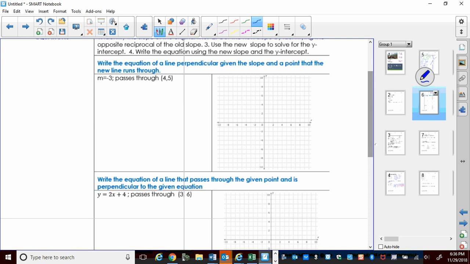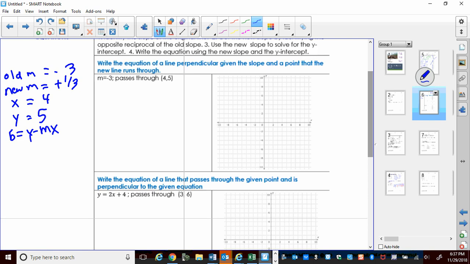of a line. So, old m, new m, x, y, and b. Okay? So old m equals negative 3. New m is going to be the opposite reciprocal. These lines are perpendicular, so plus 1/3. The x value and the y value, 4 and 5, and make sure that's accurate, and it is.